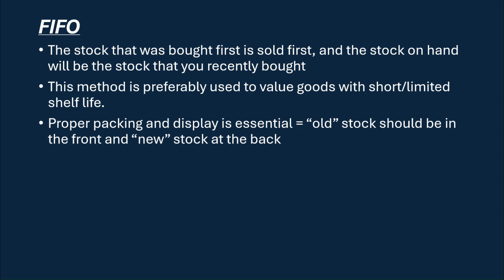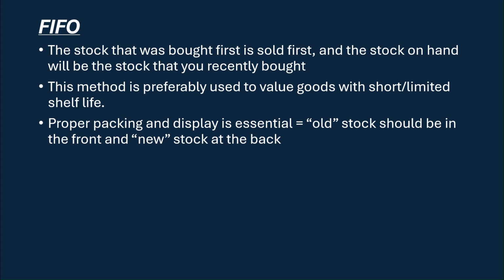Because old stock should be in the front and new stock should be at the back. When they pack and display it, they put the old ones in a place where we would easily pick them out before we pick out the new stock that just came in, right? So that's just what it's saying.